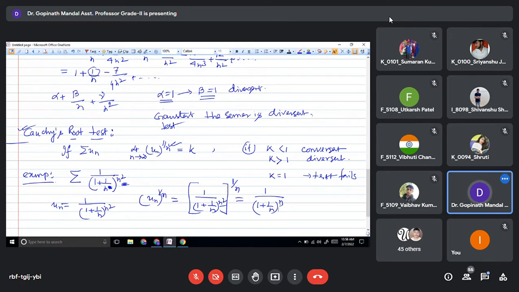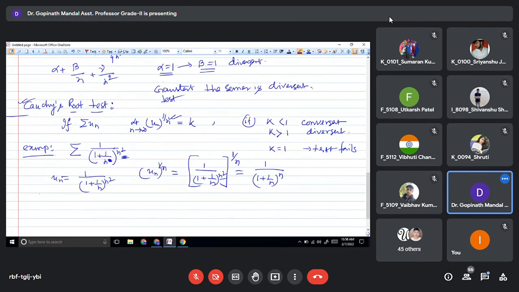Now take limit. Limit n tending to infinity, it will be 1 by (1 plus 1 by n) to the power n. This limit is e, right?